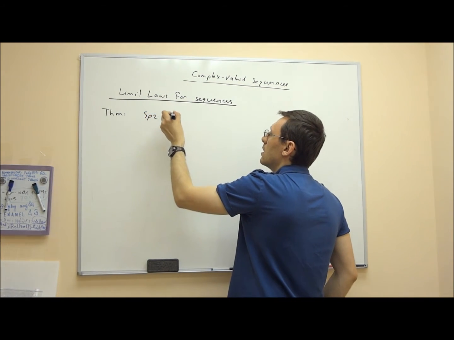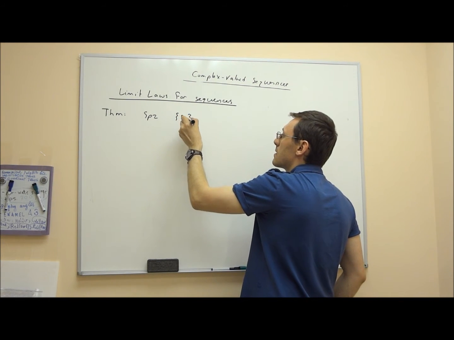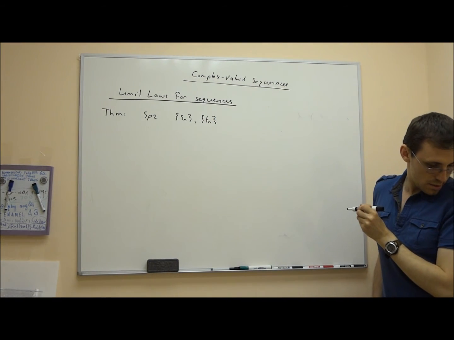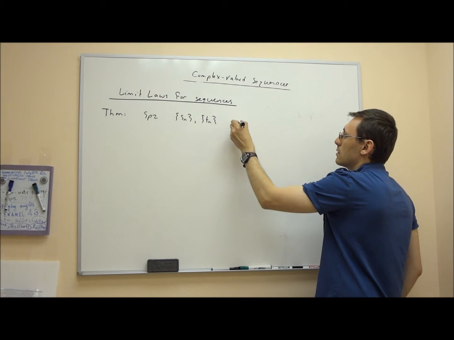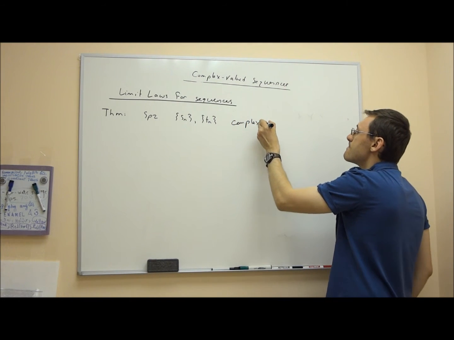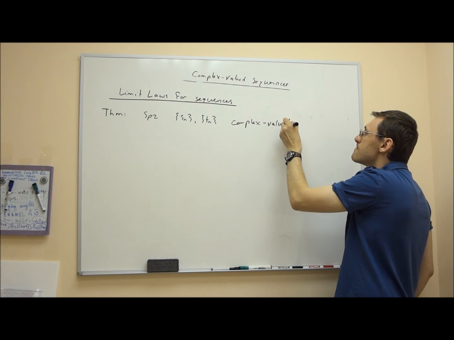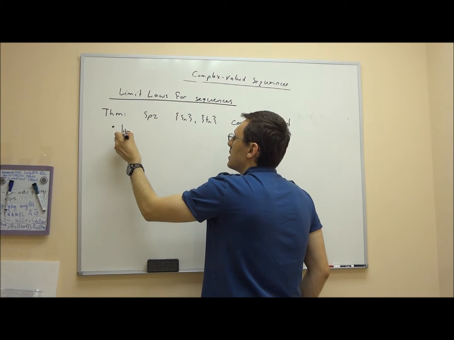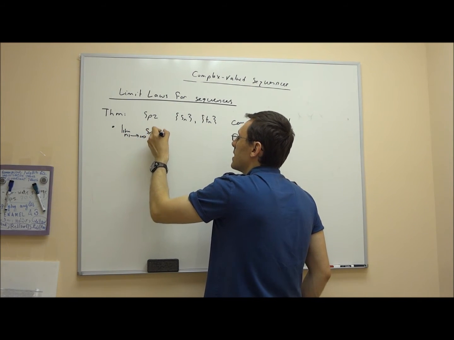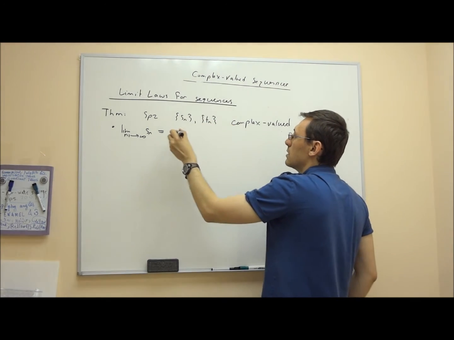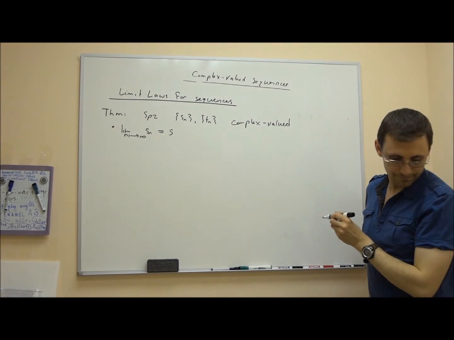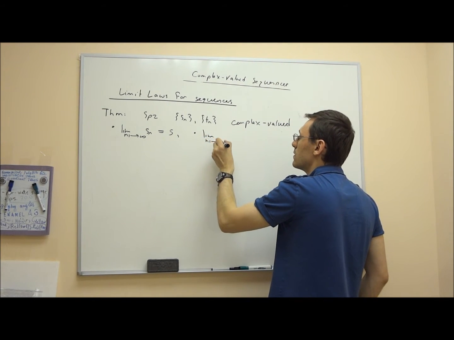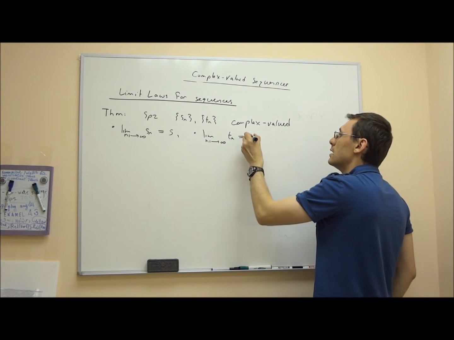So suppose we have a sequence Sn and sequence Tn, and they are complex valued. And we have that the limit as n goes to infinity of Sn is equal to S, and we also have the limit as n goes to infinity of Tn equal to T.